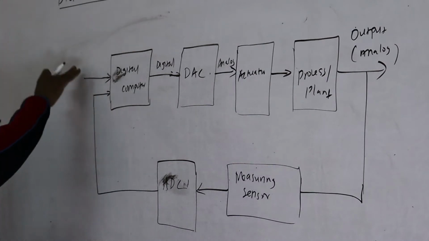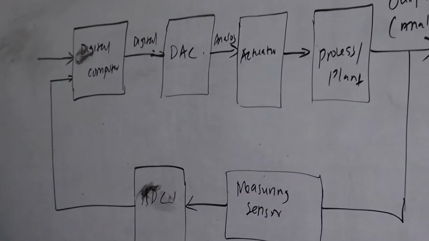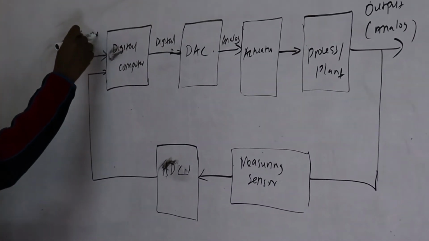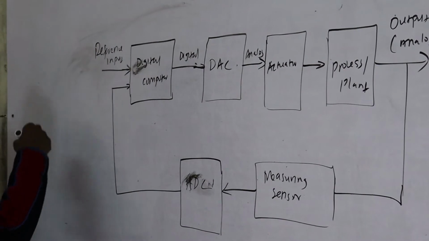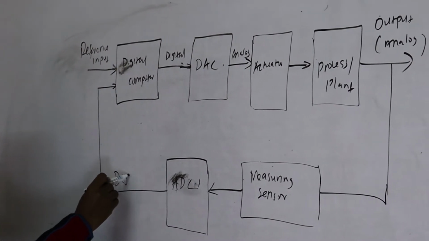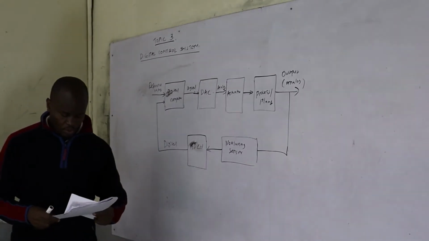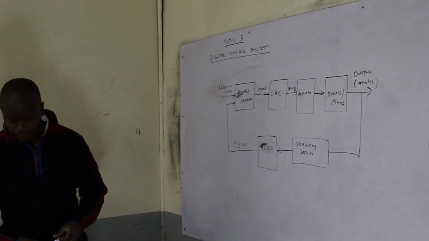In this case, we get rid of the comparator. So here we have the reference input, and here we have a digital signal. That is a representation of the digital control system block diagram.